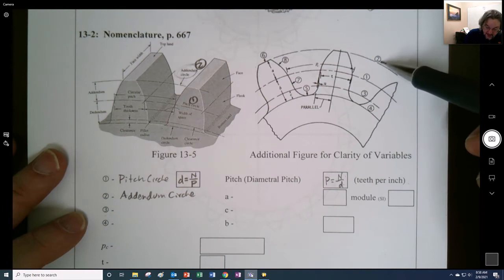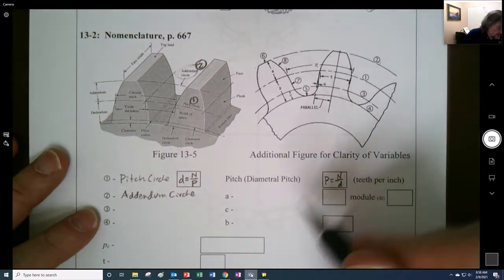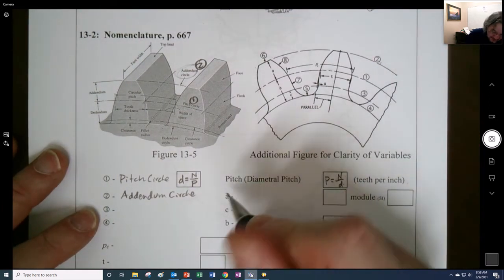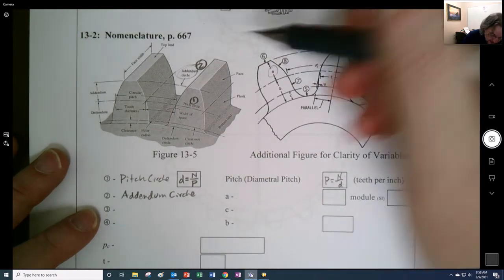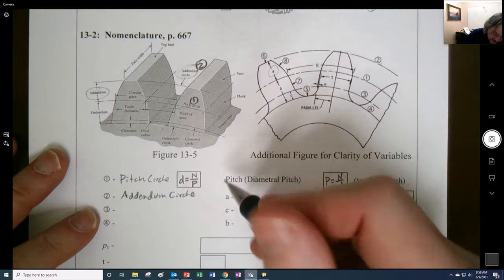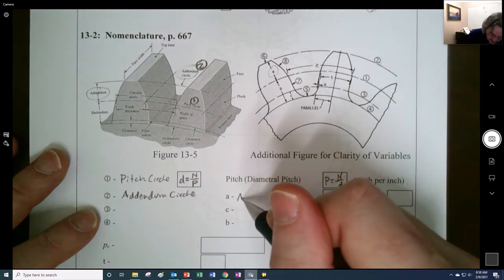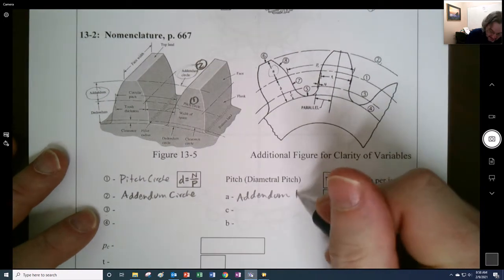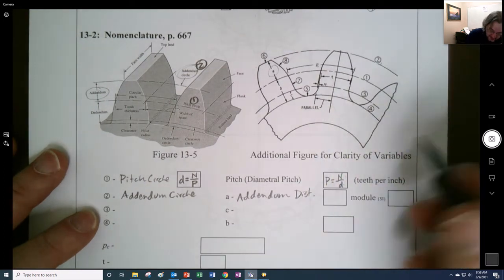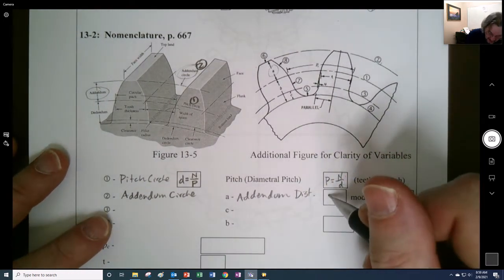So the addendum circle right here. And the addendum, we could say, is this distance A, lowercase a. You can see it right there, or you can see it's right here, right? And so this right here, that's the addendum. I'm not even writing distance, just dist right here. And that's going to be A.